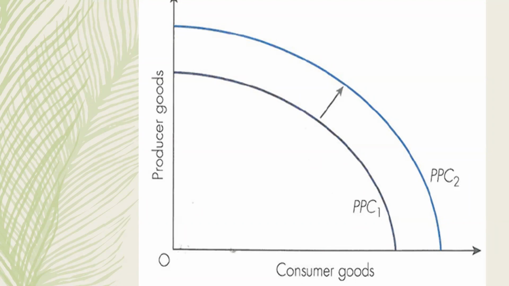Anybody ever heard of these terms before, producer goods and consumer goods? All right, so this is the last slide. I just want to wrap up this last part before class finishes. A consumer good, just hearing the term, common sense. Let me hear some common sense answers. What are consumer goods?